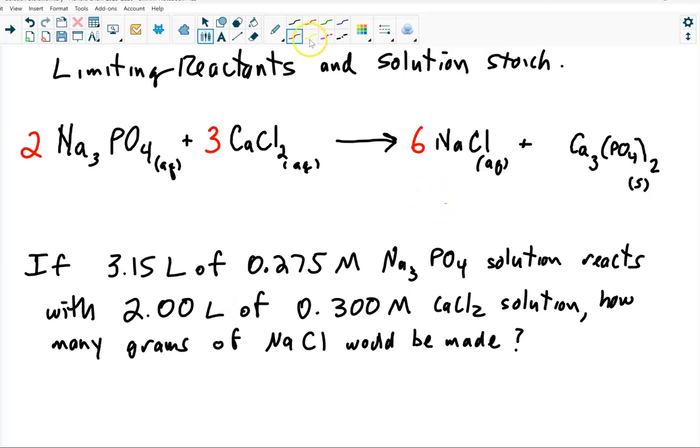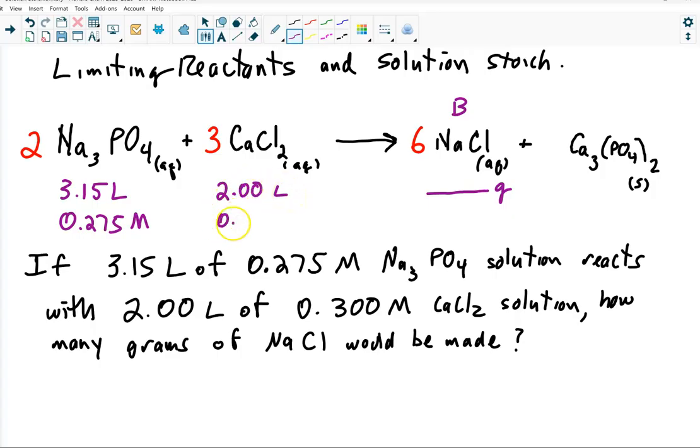We want to know how many grams of NaCl, that's my B. I have 3.15 liters of 0.275 molar sodium phosphate, and I have 2.0 liters of calcium chloride, and it's 0.300 molar. Now the question is, which one of these is your A?